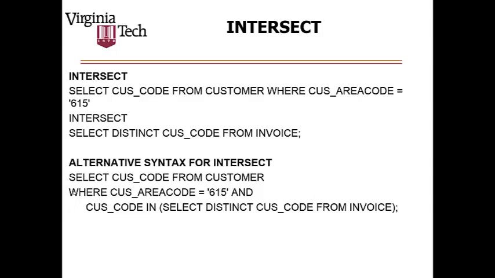And here we say select customer code from customer where customer area code equals 615 and the customer code is in, then select distinct customer code from invoice. I don't think there's any difference in efficiency there either.